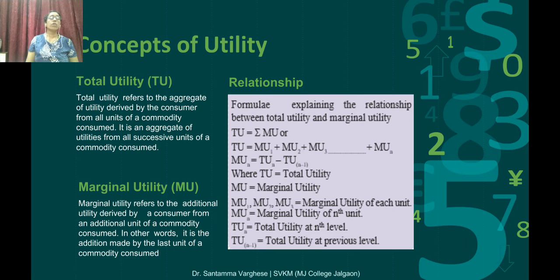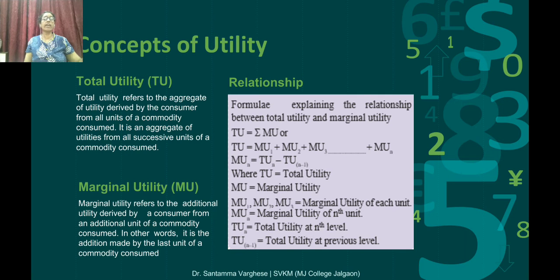Now, we consume many things. If you take a glass of water, while taking the first glass of water, what utility do we get? Then the second glass, what utility do we add? Third glass, fourth glass, fifth glass, and so on. So the utility derived from 1, 2, 3, 4, 5 altogether, when the summation comes, we say that is the total utility.